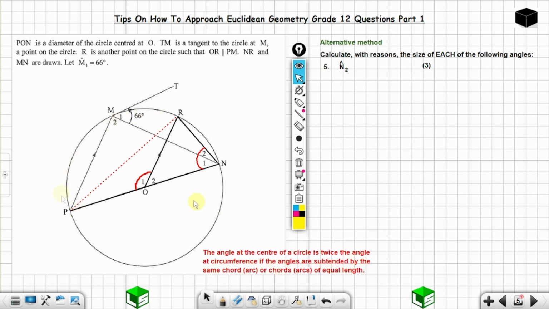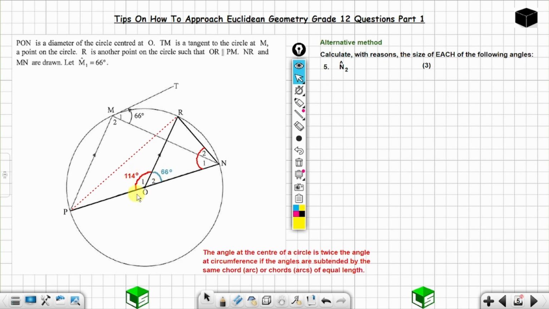So this angle was 66 degrees, remember from the previous slide. Now this is going to be 114 degrees because of straight line. Angles on a straight line are supplementary.